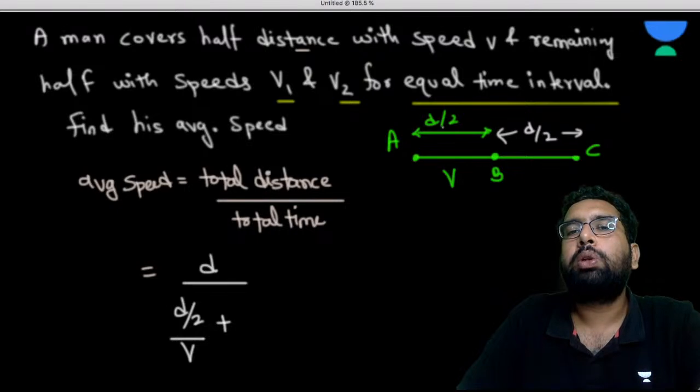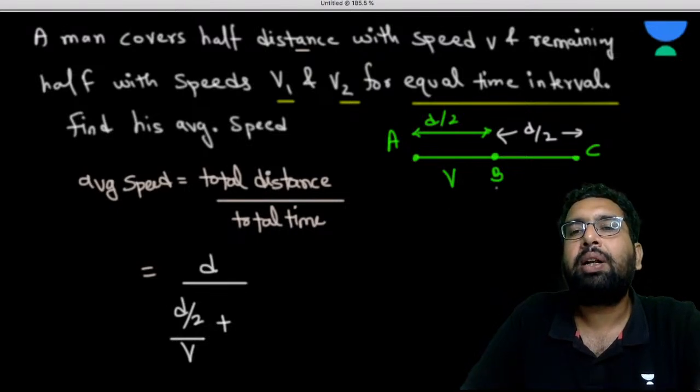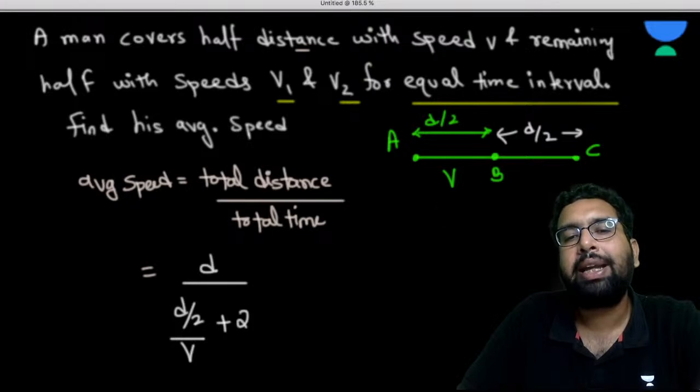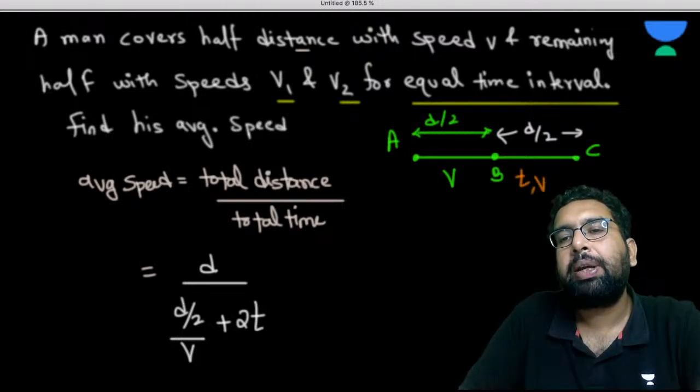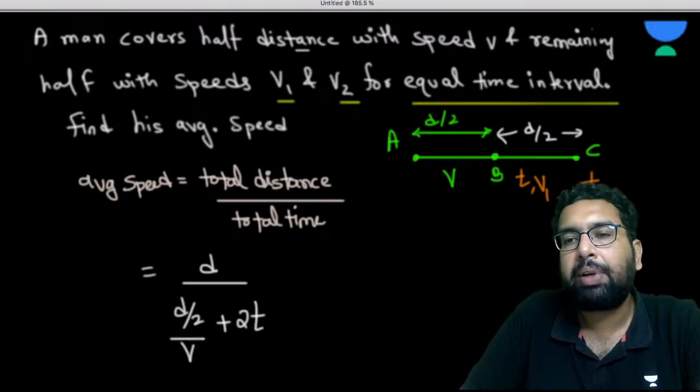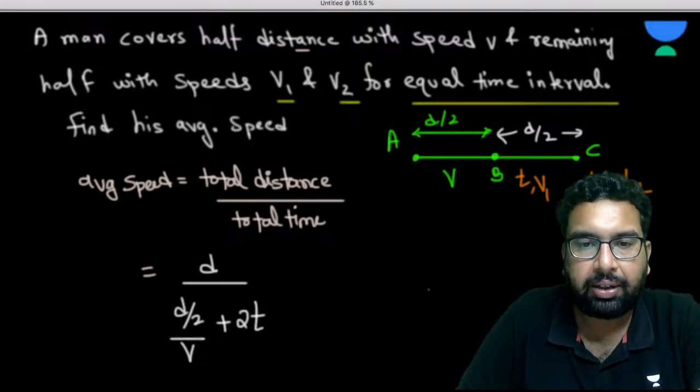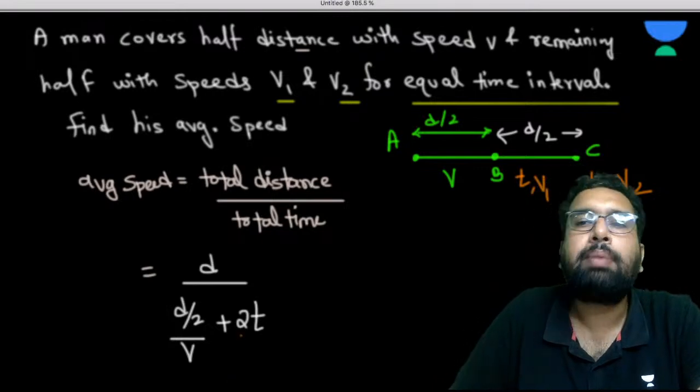Let's suppose equal time intervals means 2t: t time at speed v1, and the other t time at speed v2. Is this fine? So can I write 2 times t?